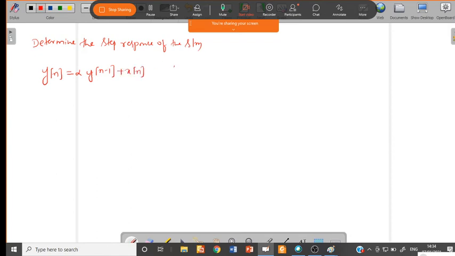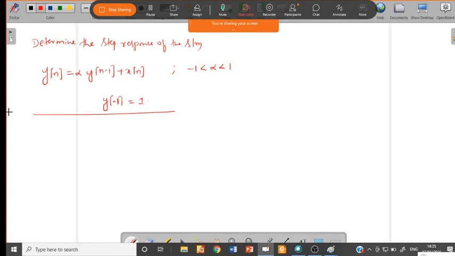Okay, where alpha is between plus 1 and minus 1 with the initial condition y of minus 1 equal to 1. So now we have to determine the step response of this system, what we will get.